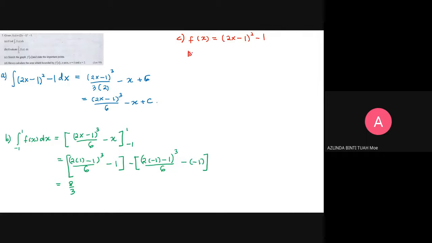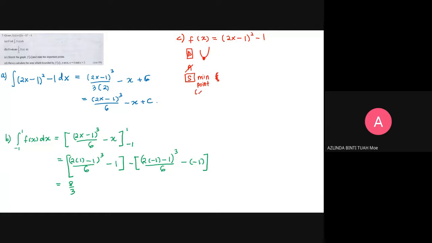Starting from the basic shape, in first step B, basic shape is mine because we have x squared positive x squared. Okay, there is no asymptote, as is for special point where we have minimum point in this case, where I can see the minimum point straight away from the question.